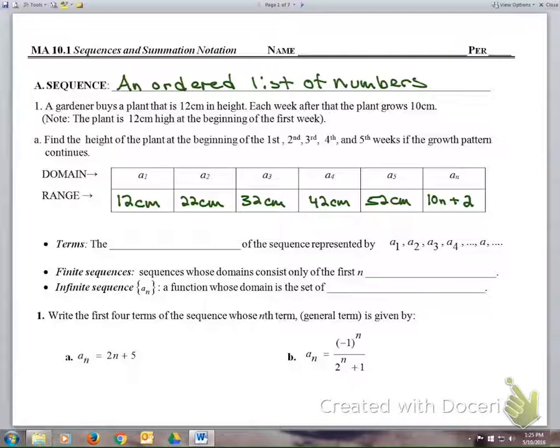So you need to add the 2 to get you your 12. Now, when you plug in a 2, you get 20 plus 2 is 22. So a sub 2 is 22, which you can see there. You're going to get a formula in the next section of actually how to get that a sub n very easily.